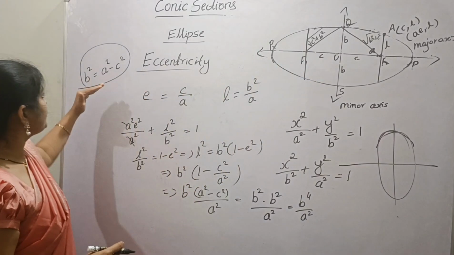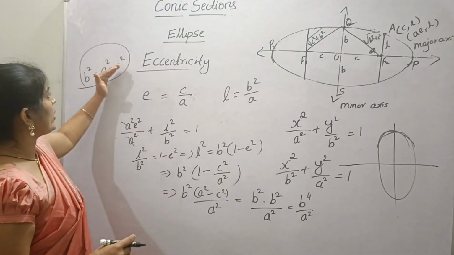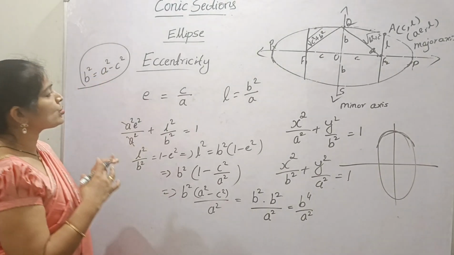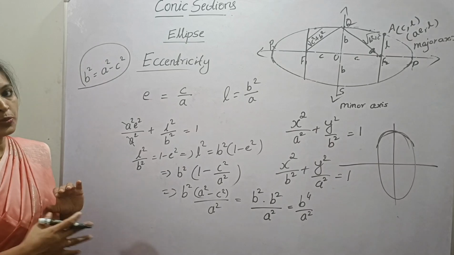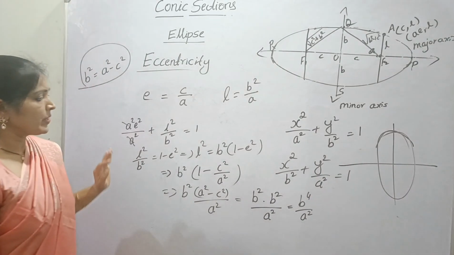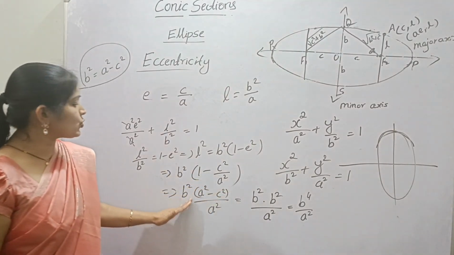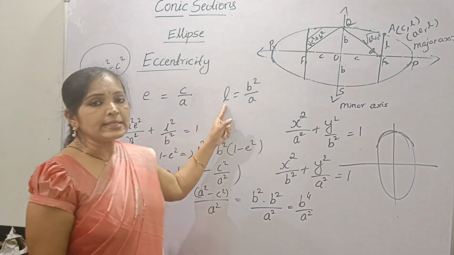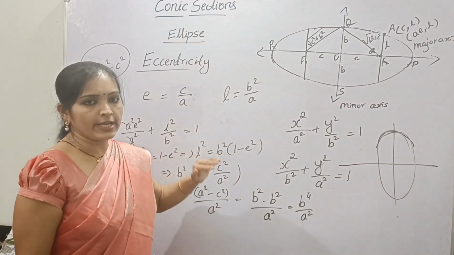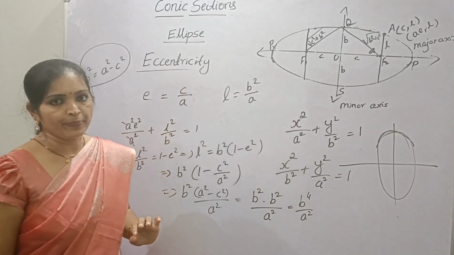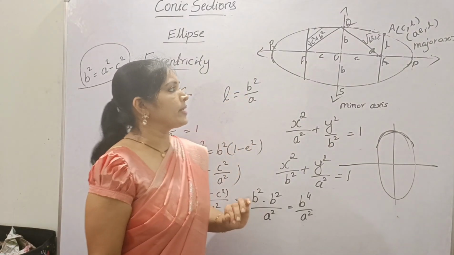Remember this one, don't forget it, because we have to apply it. So B square into B square gives B raised to 4 by A square. So L square is equal to B raised to 4 by A square. Taking the square root, L is equal to B square by A.